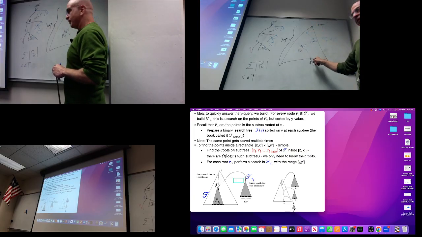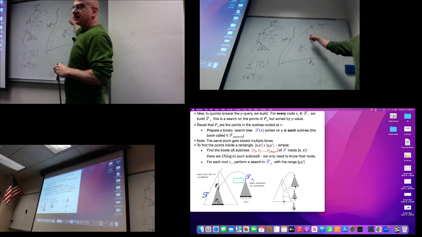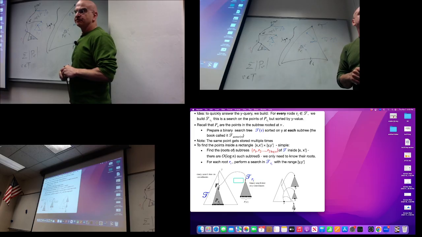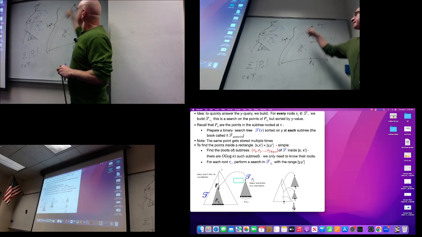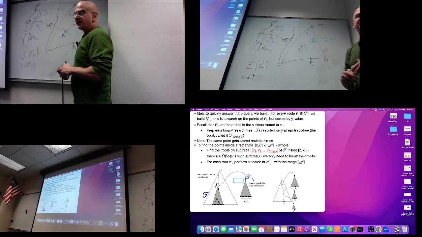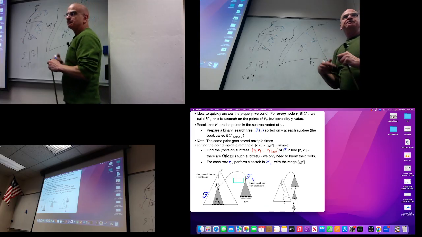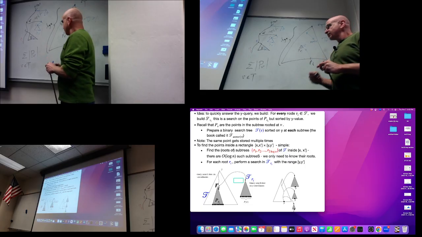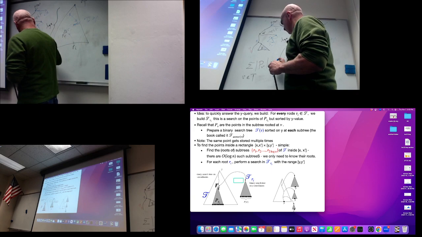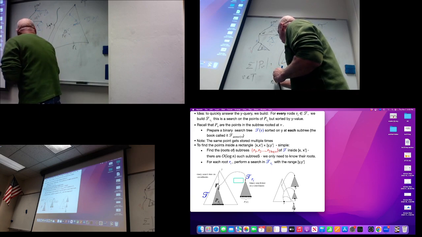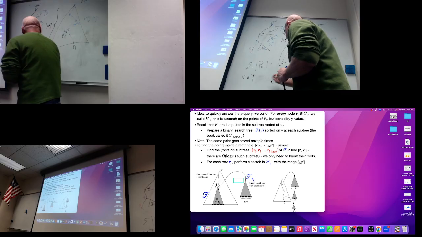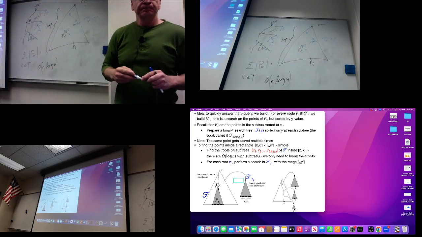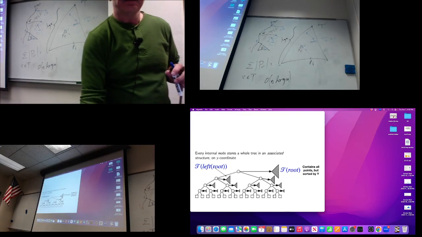Again, every point pi participates only in trees of its ancestors. If the height of the tree is log n, then every point is stored in log n trees. So the overall memory is n log n. Make sense? We have a slide coming that explains it.